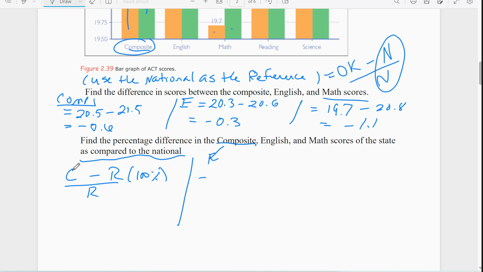It should have been negative 0.6 divided by our reference value, which was our 21.5 times our 100%, which should have come out negative 2.84.